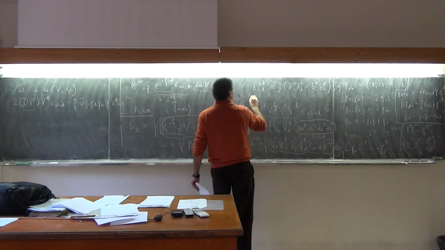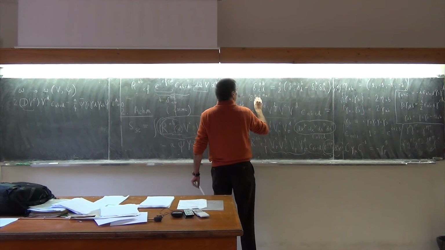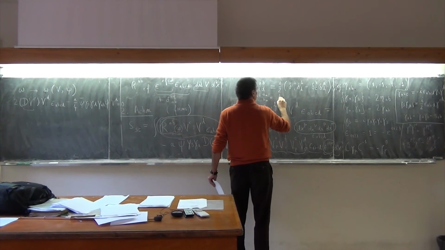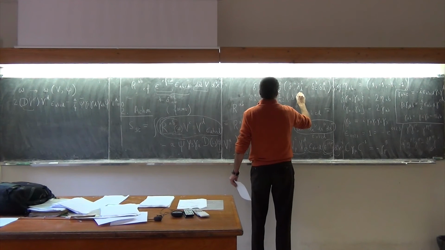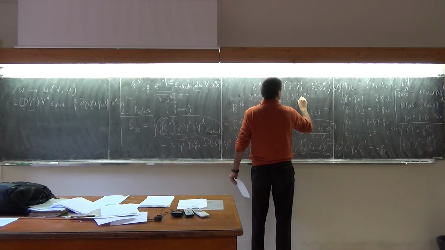And in general, you can have anti-symmetrized deltas with n indices, and they are defined as 1 over n factorial, and then you have all the permutations with signs of these things.